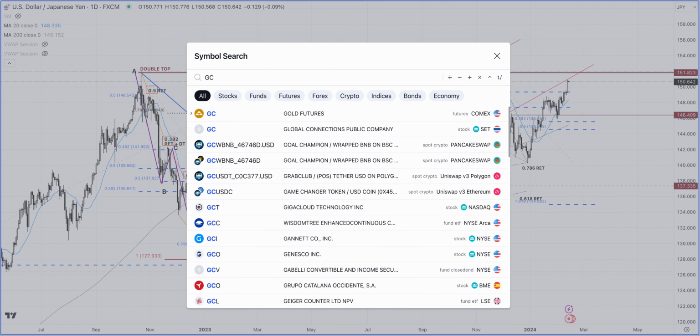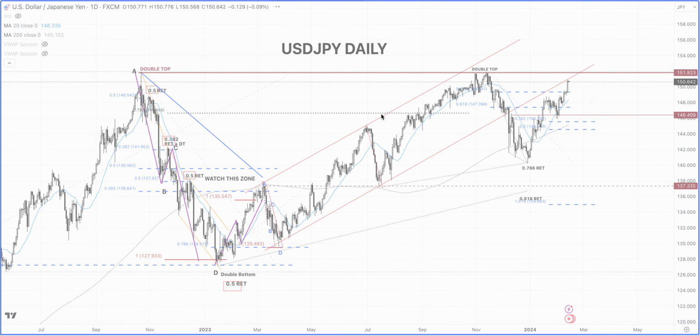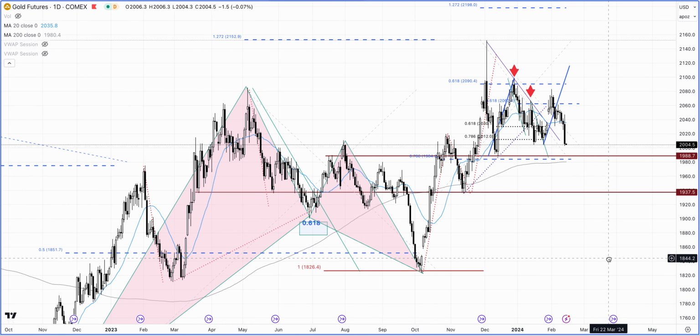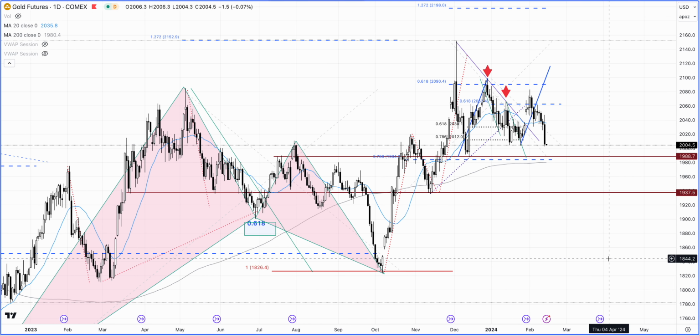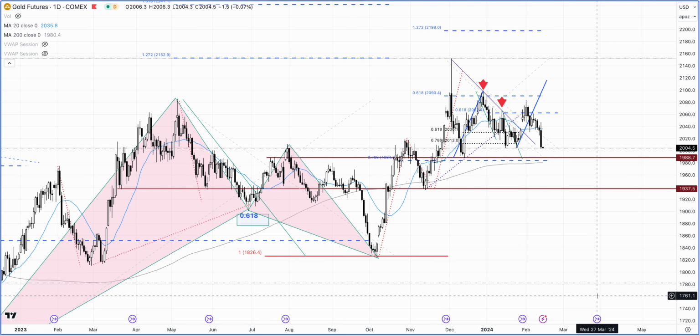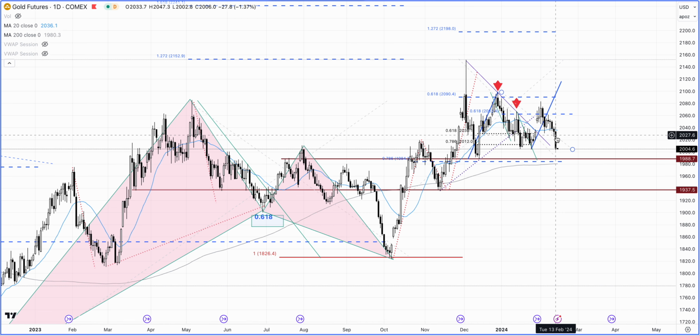Now let's take a look at the gold market. Here we go. Wow, the gold market is very interesting, because with the dollar being that strong, gold had been holding really well until today. What we have seen is a pretty big move.